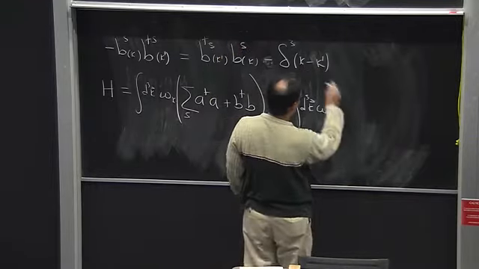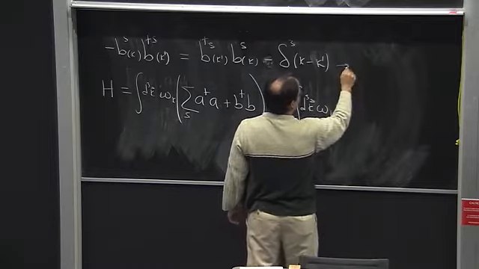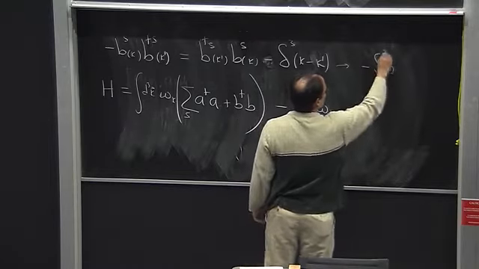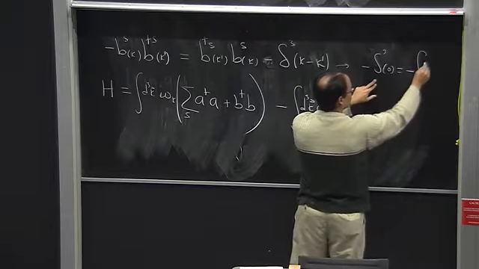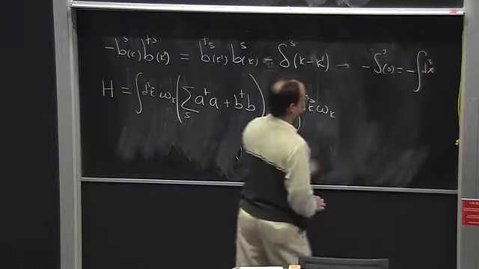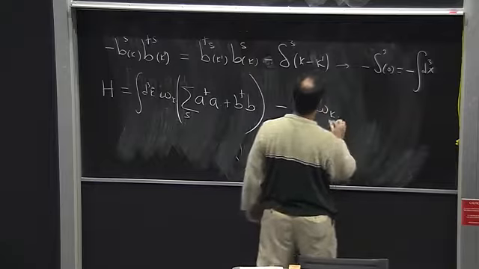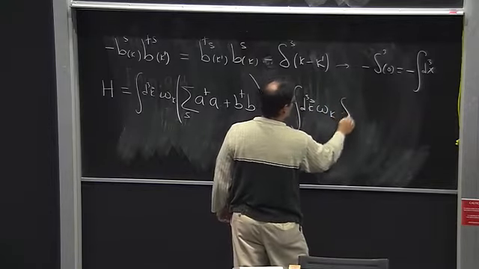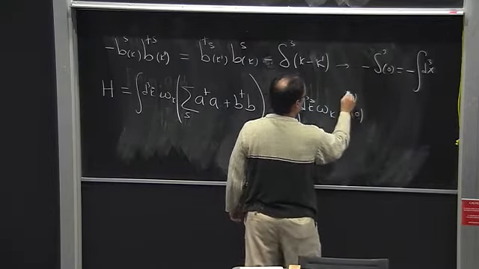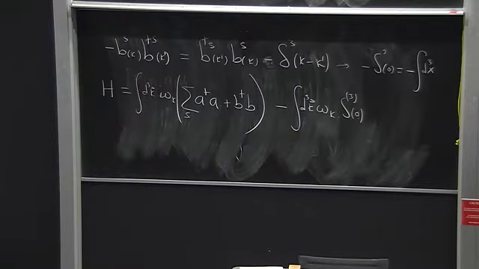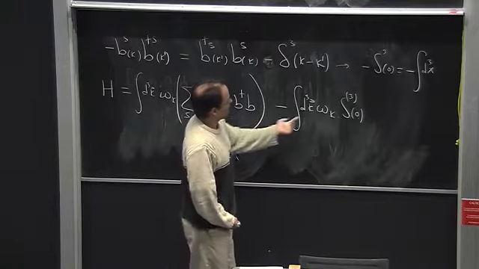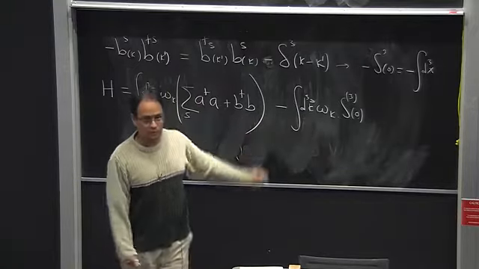So we still get minus delta of 0, which, if you remember, this is in momentum space, and therefore is an integral over all space-time. Okay? So we get our minus delta 0 here. So what's the difference between this computation and the answer we got when we did the scalar field? There is a minus sign. So fermions contribute to the vacuum energy with a minus sign.